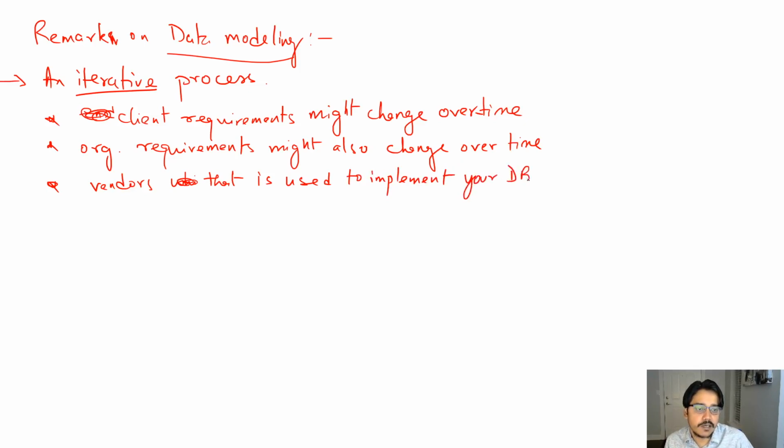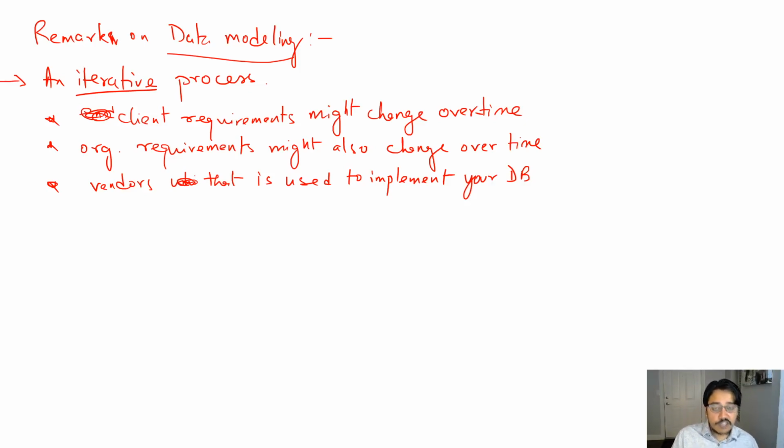You have to keep in mind that current generation databases are vendor reliant. It could be Oracle, IBM, even Google, Amazon, and so forth. Each of these vendors has their own tools and techniques that they ship along with their database management system, or database management software.